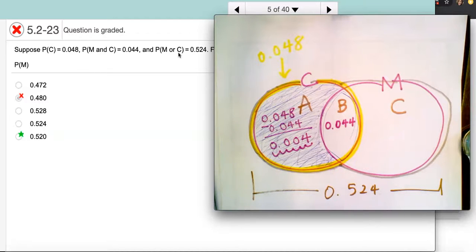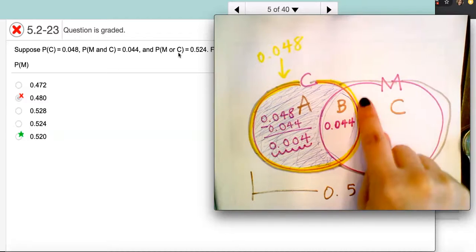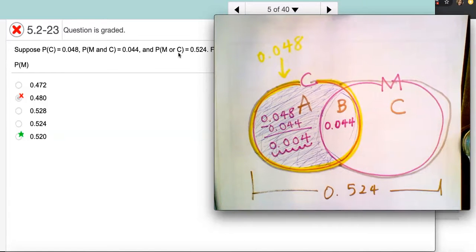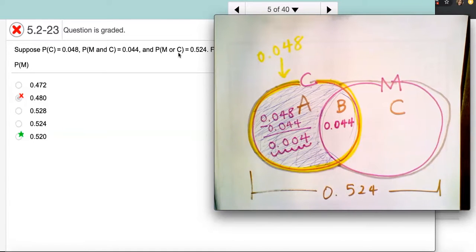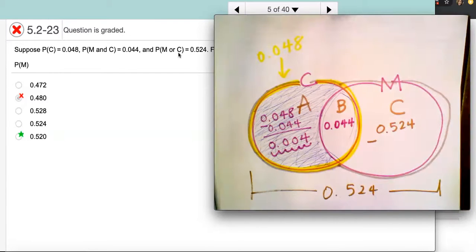You know how much these two individual pieces are. So to figure out what's in this region, we're going to subtract 0.524 minus these two numbers. But hold on a second.